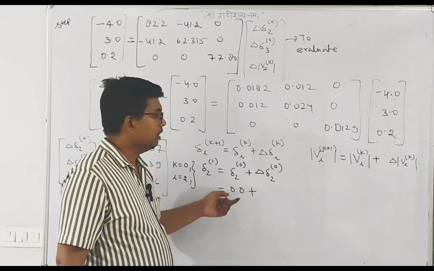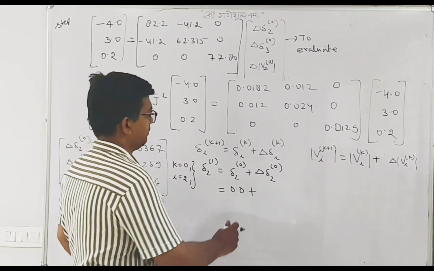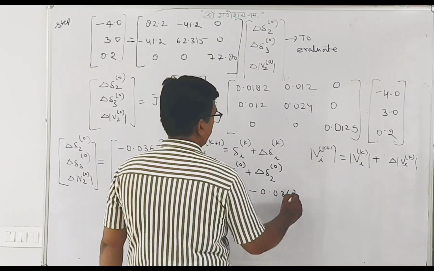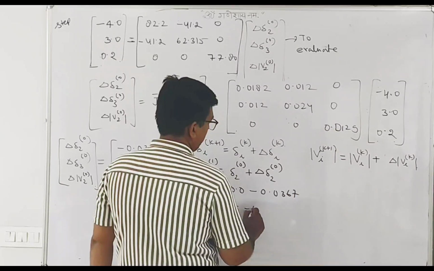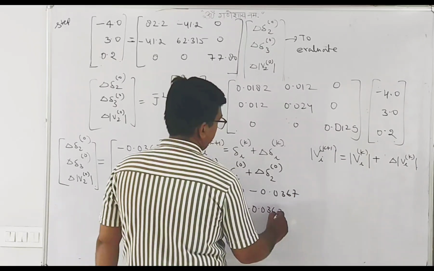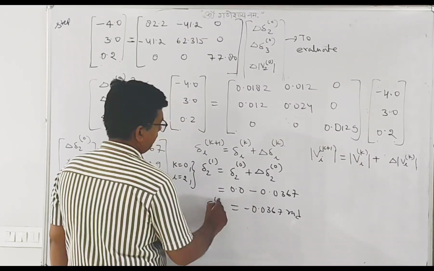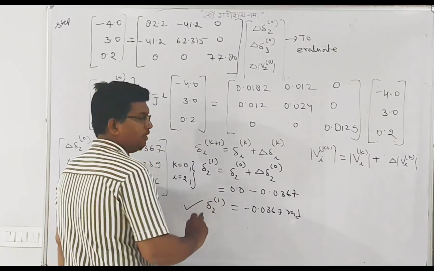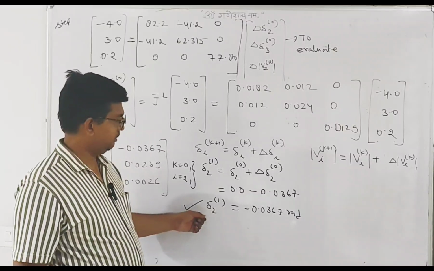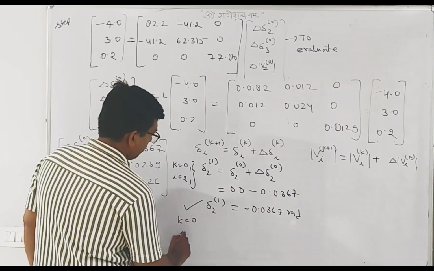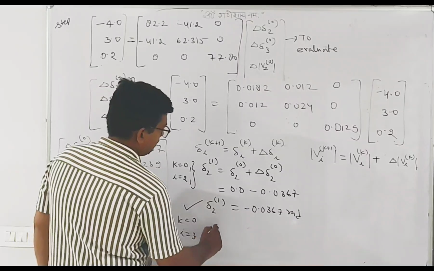It was 0. How much change did we get? Minus 0.0367. So this becomes minus 0.0367 radian. Okay, so this is the first iteration unknown quantity.